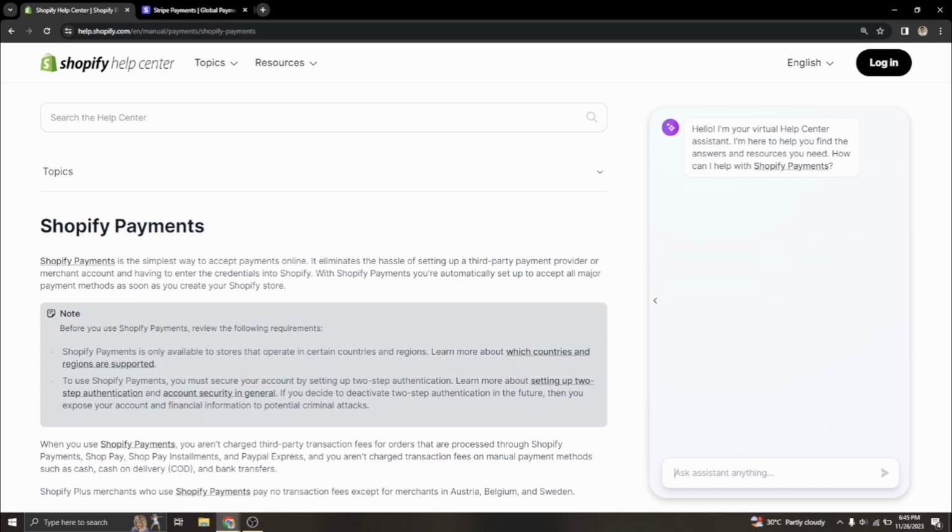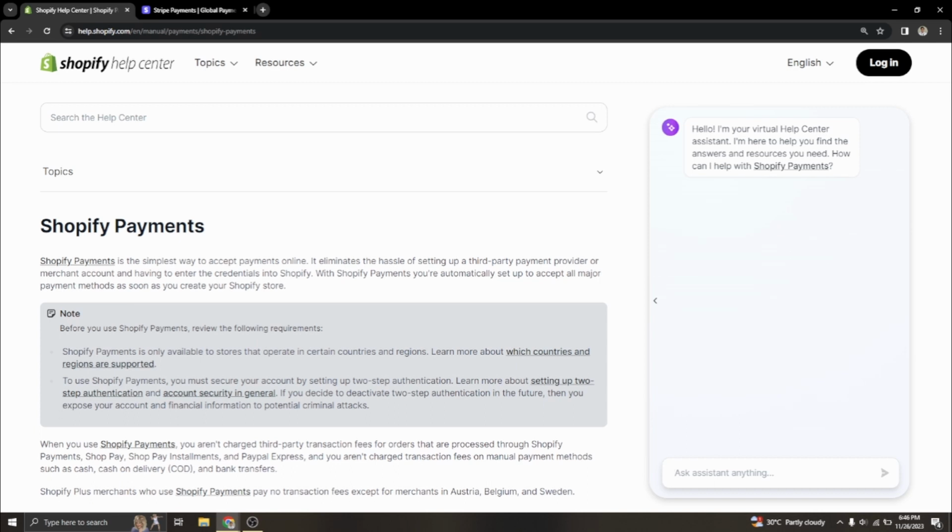If you are trying to buy a product on Shopify, yes, you can use Shopify Payments. However, if you buy a product outside of Shopify, on other online shopping platforms, you cannot use Shopify.